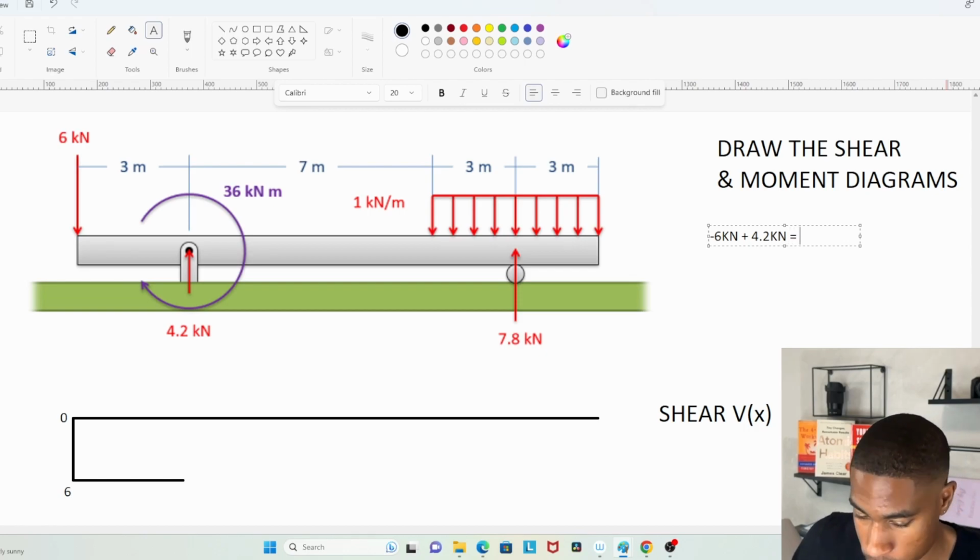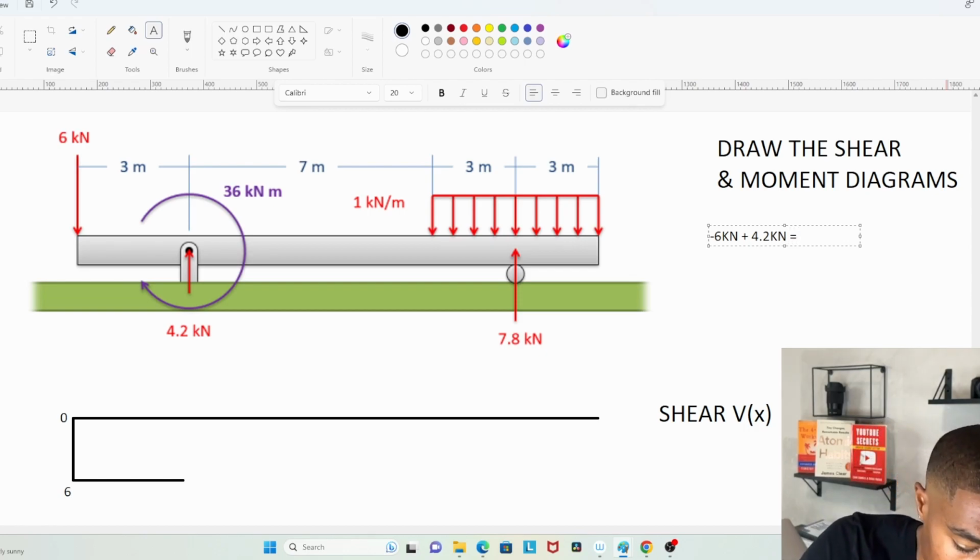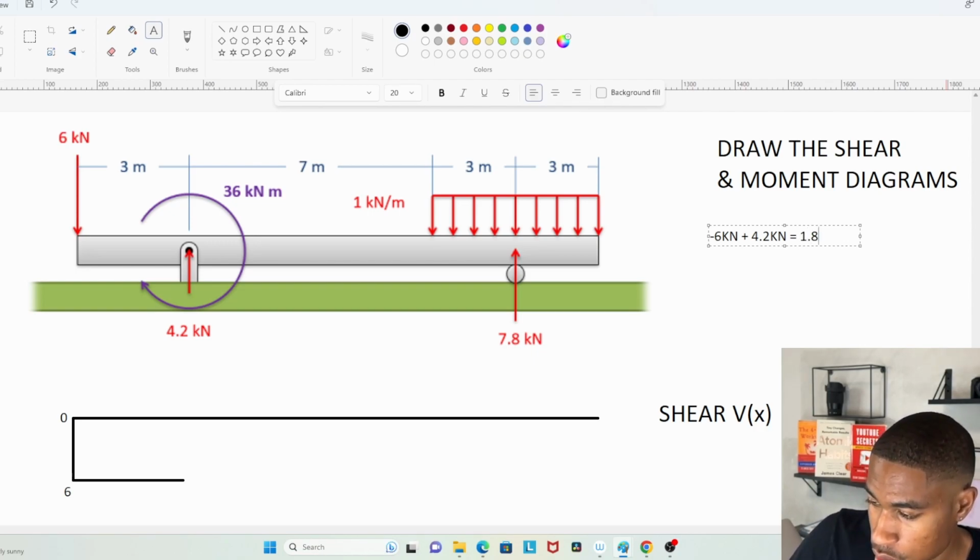Equal to what? If I do that in my calculator, I get 1.8 kilonewtons.